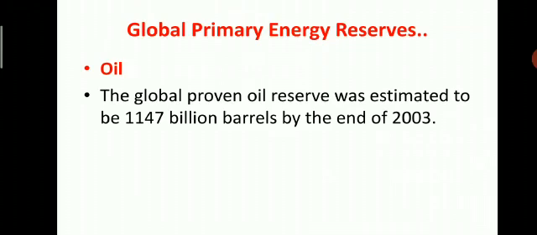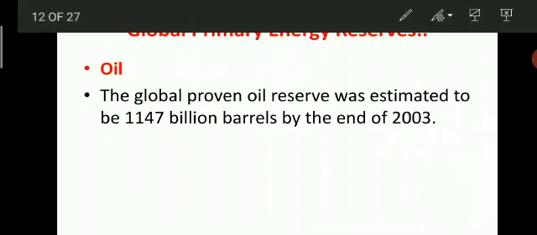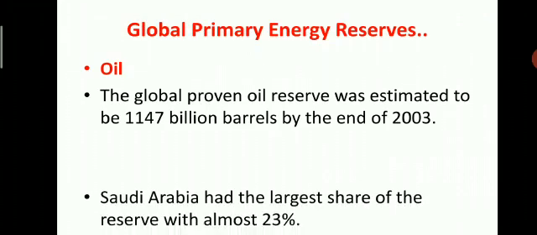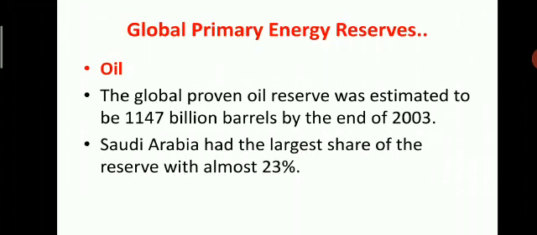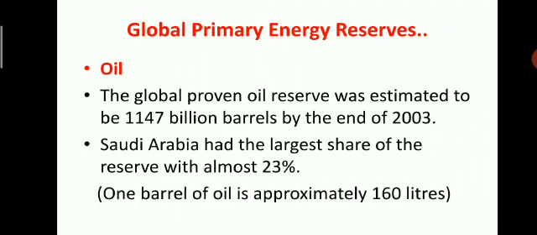But for idea purposes, we can see that oil reserve was estimated to be 1147 billion barrels in the year 2003. Saudi Arabia had the largest share of the reserve with almost 23%. One barrel of oil is approximately 160 liters. So this is the information related to oil reserves.